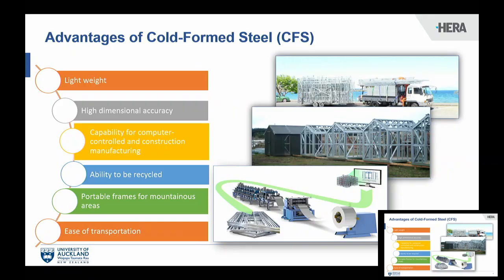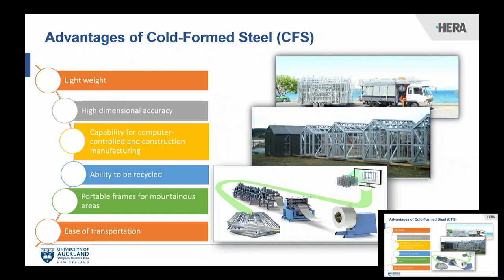Cold form steel structures bring a couple of advantages, like being lightweight, which makes them easy to handle and also reduces the structural demands, and their fabrication provides high dimensional accuracy. Their computer-controlled construction and manufacturing ensures their precision.